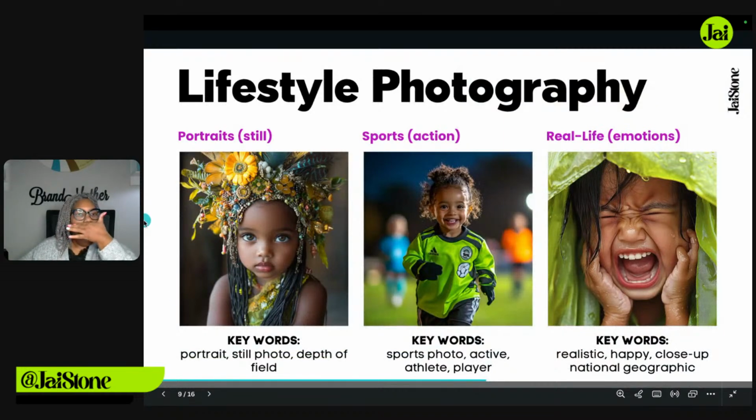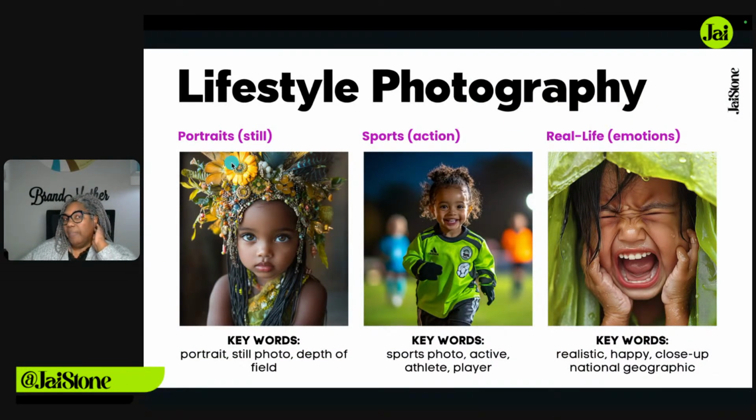All right, so let's talk about lifestyle. There's 3 types of lifestyles that are the most popular. Portraits is by far the most popular. Portraits is going to be your headshots, but it also could be what they call life imitating art, right? It's also what they call fine art.